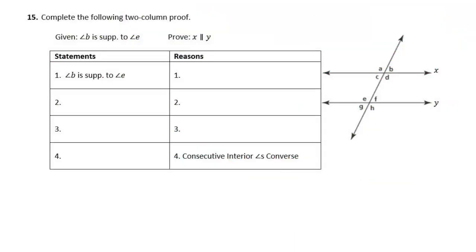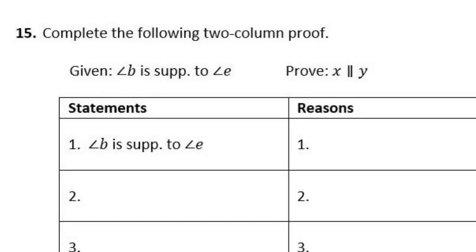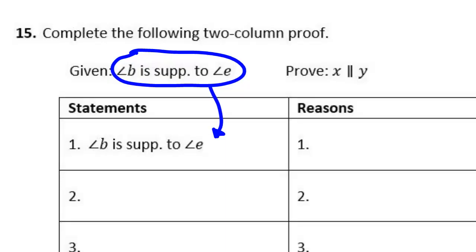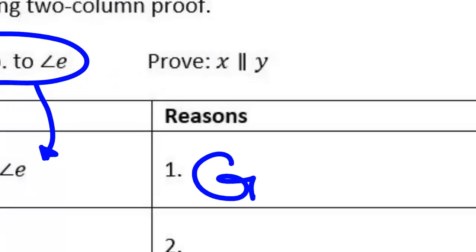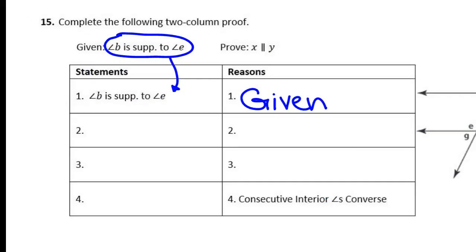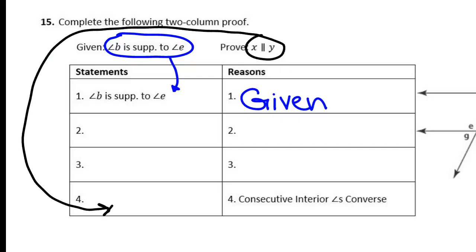Number 15. We have another proof. They filled in my first statement box, but I can fill in the first reason. My first reason is because it is given. I want to prove that line X is parallel to line Y, so that comes down here.